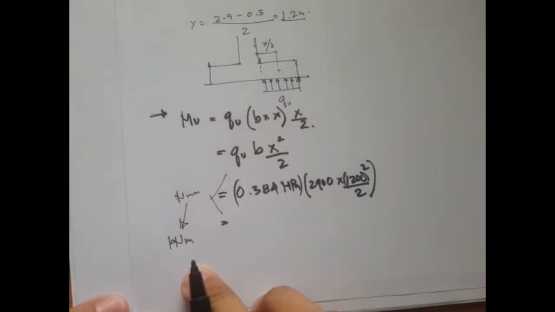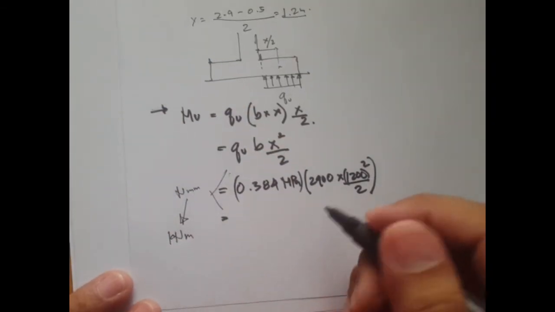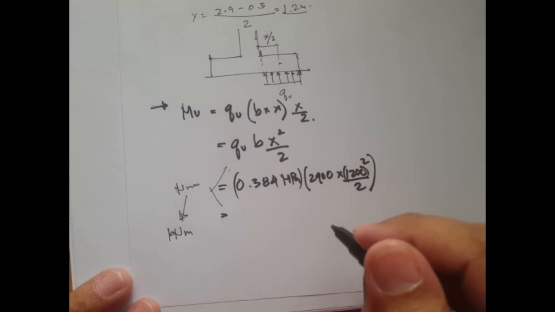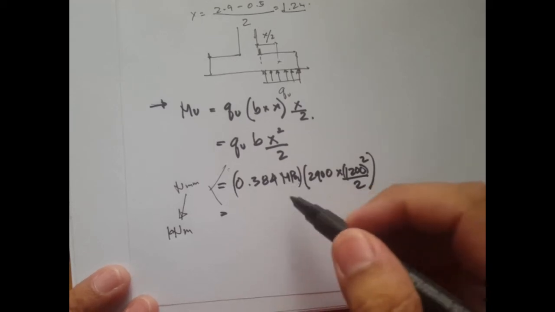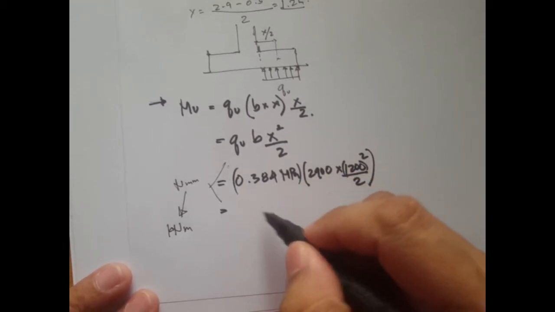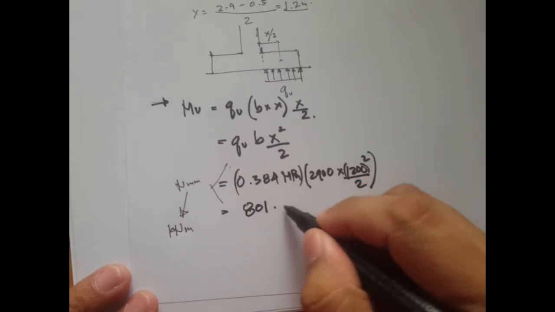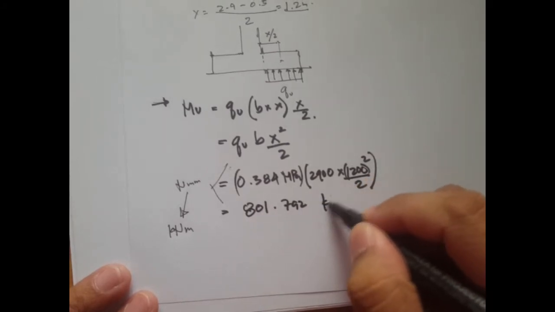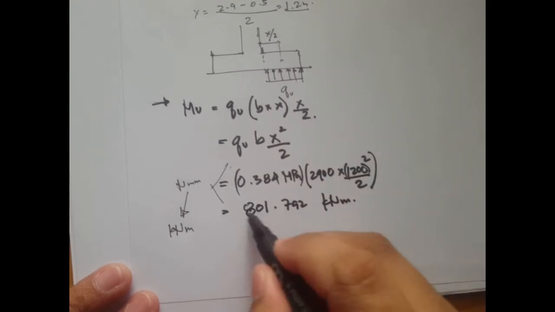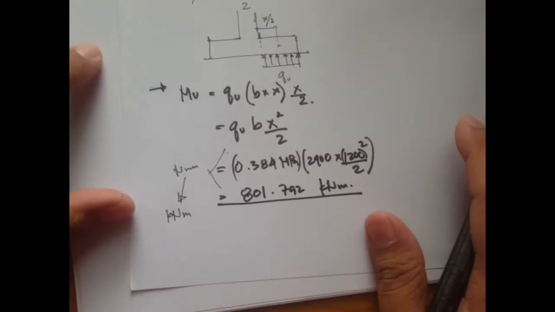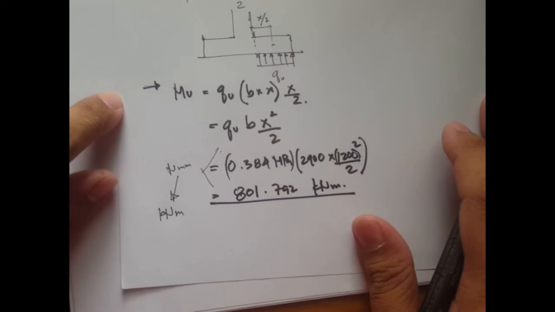Okay, so this answer would be 801.792 kilonewton meters.